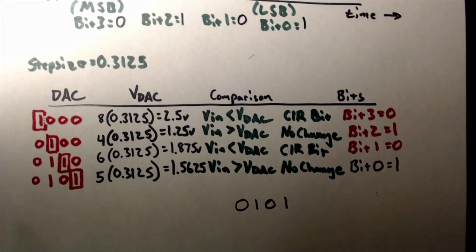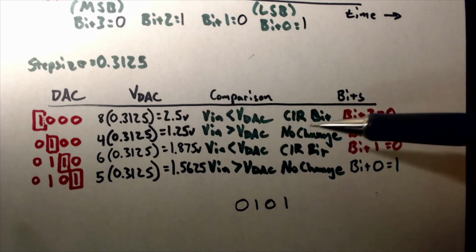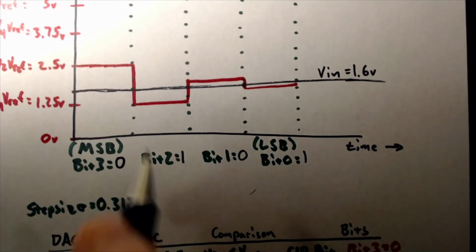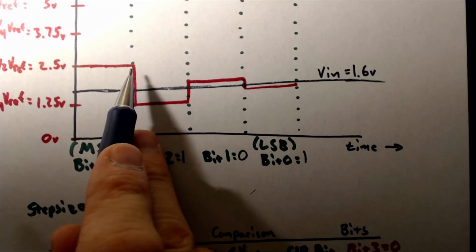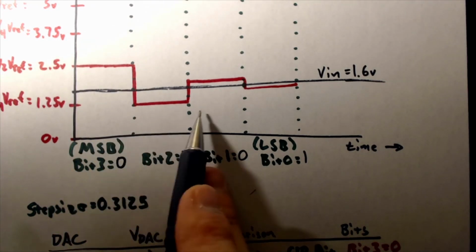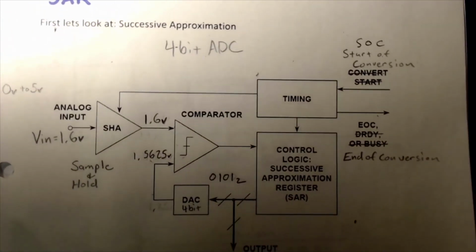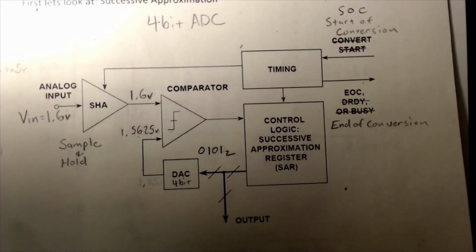Okay, so I think 4 bits is more than enough to demonstrate this process of how we successively approximate what our Vin is. And hopefully now this drawing makes a lot more sense.